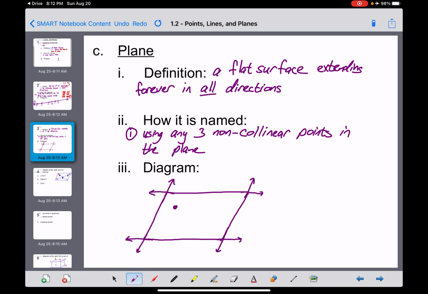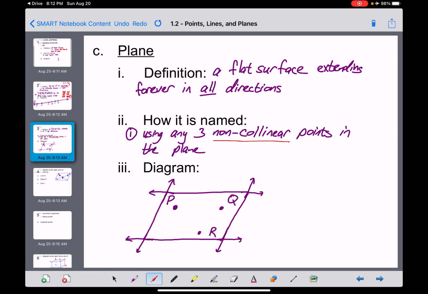Somewhere within that plane, I'm going to call this one point P. And then over here somewhere else, I'm going to call that point Q. And now I'm going to place a third point, point R. But what I can't do is make point R collinear with P and Q. It's got to be non-collinear here. And so point R I'm going to put down here somewhere.